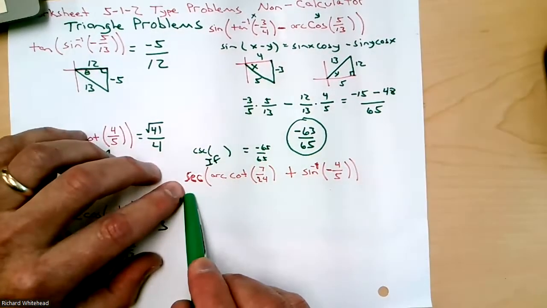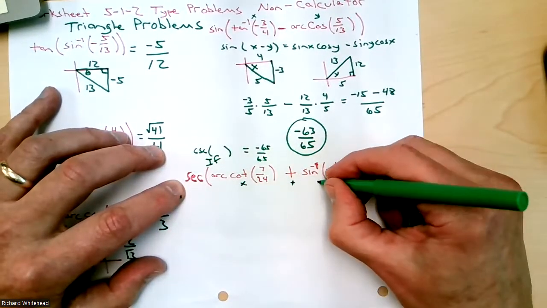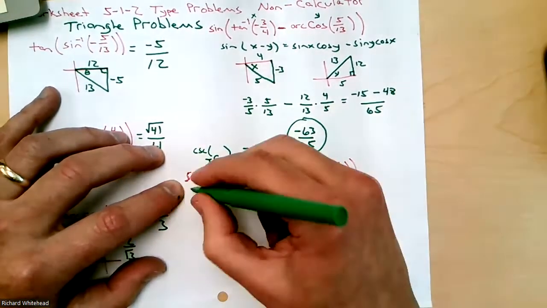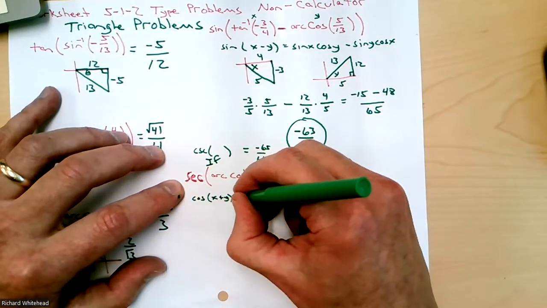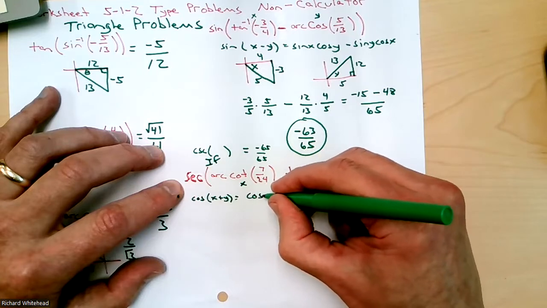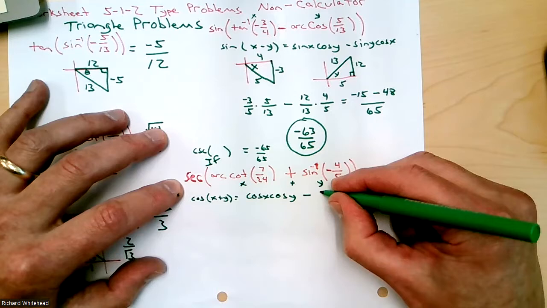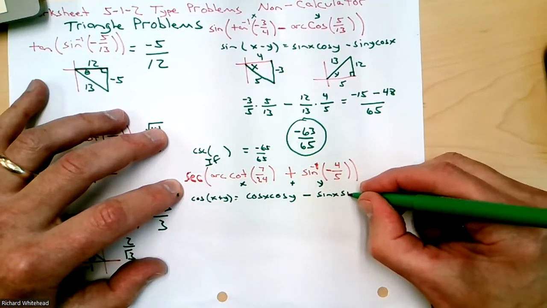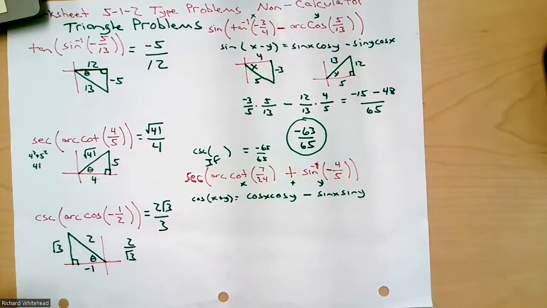Now this one says secant, so I'm thinking, uh-oh, I don't know what to do with secant. Yeah, you do. You're going to just do it as a cosine. You treat it as cosine of x plus y to start out. So we're going to have cosine x cosine y minus sine x sine y. Once again, we have to draw the triangles.